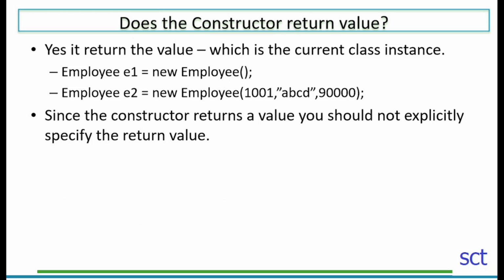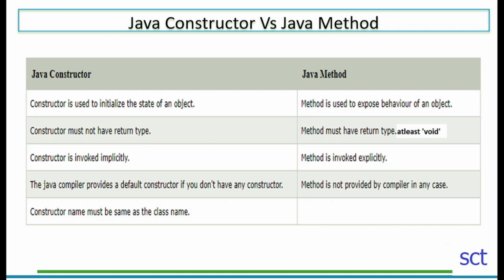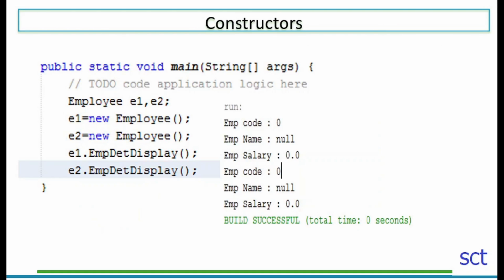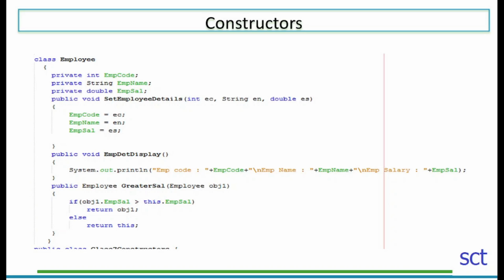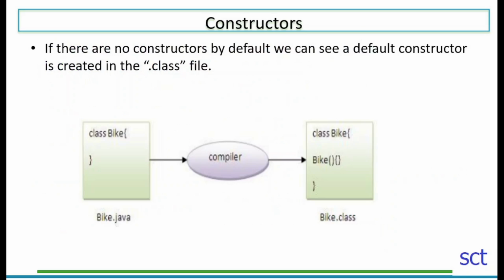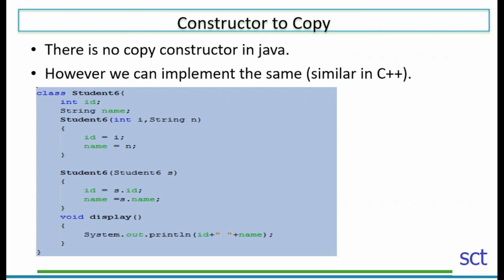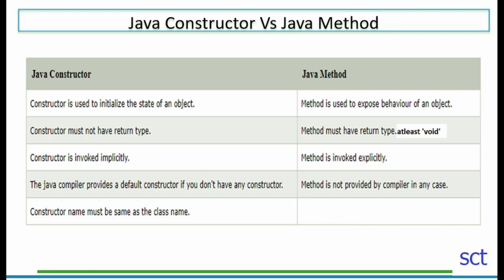Now this is all about the constructors. We have different types of constructors. One is the default constructor, the other is the parameterized constructor. We can also write a constructor for copying, where you pass the object itself to the constructor and do the initialization, which is called a copy constructor.